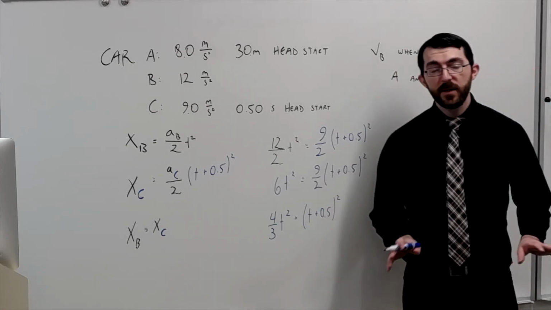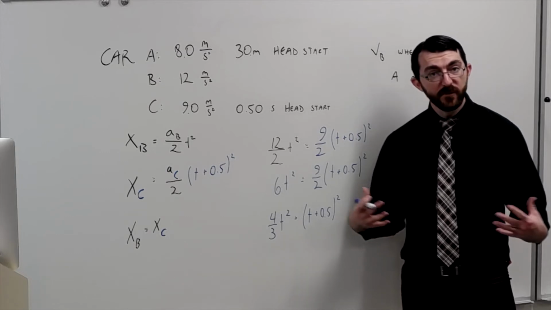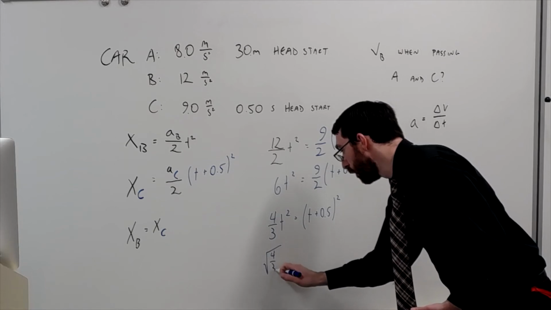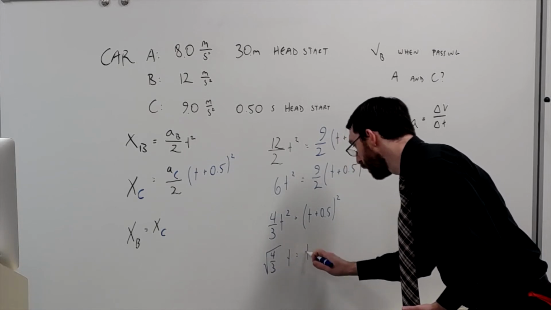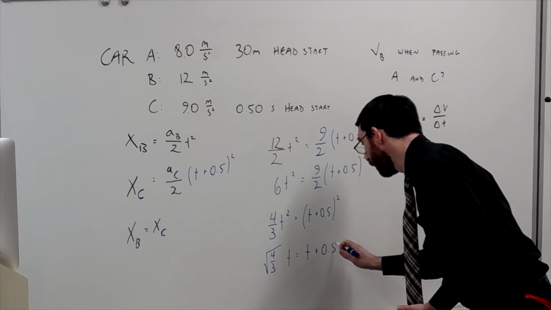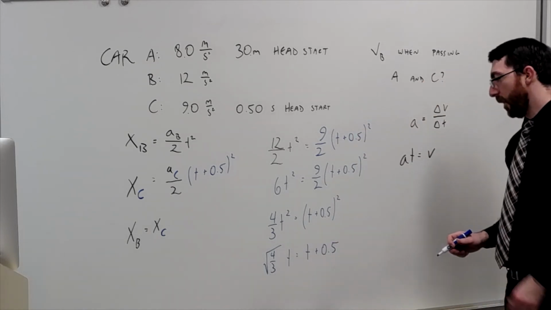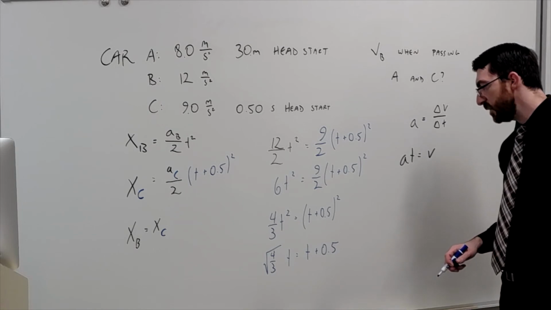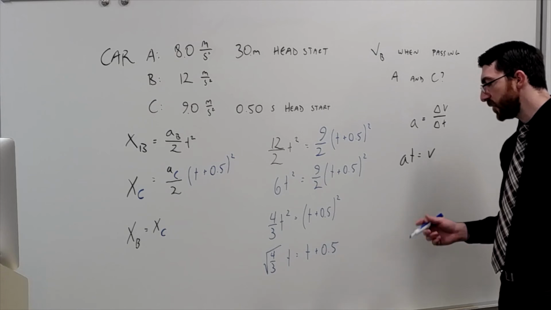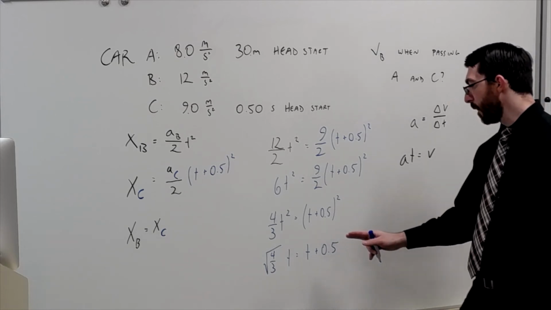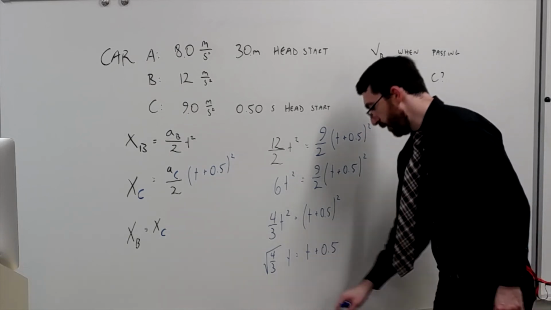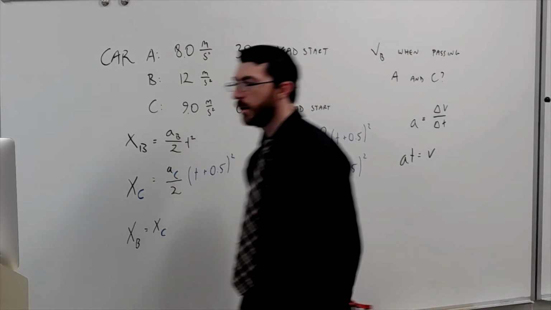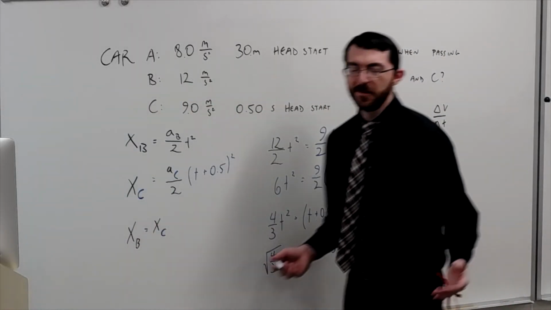Okay, my way out of this one is I'm going to take the square root of both sides. Okay, very good. So now I can get all the t's on one side. I will subtract a t from both sides. There's probably a better way to do this, but you know, it's my first try.